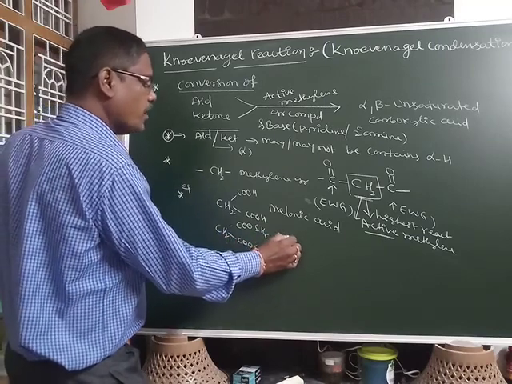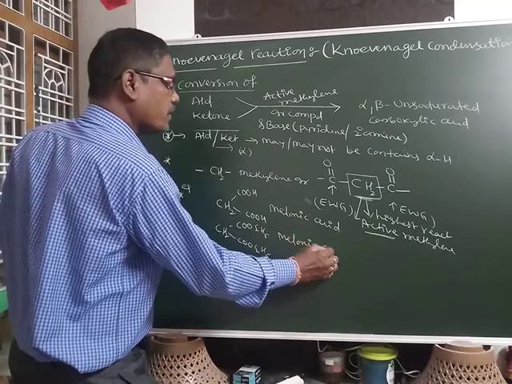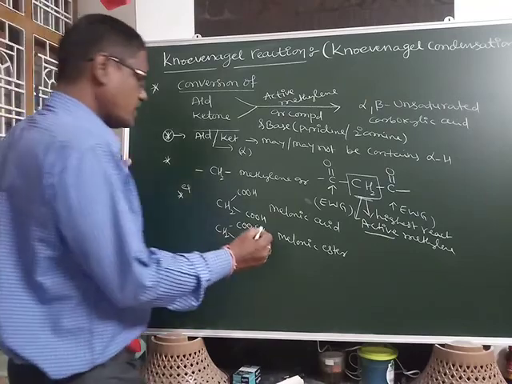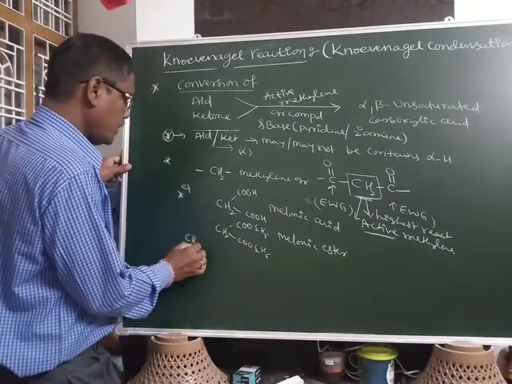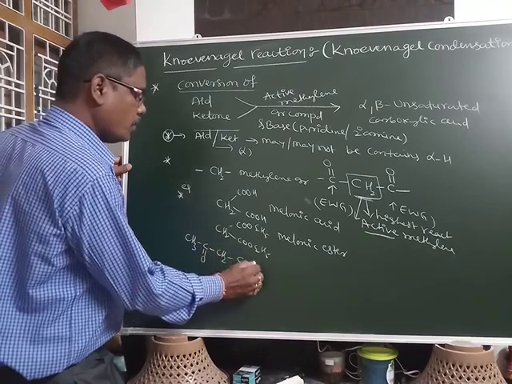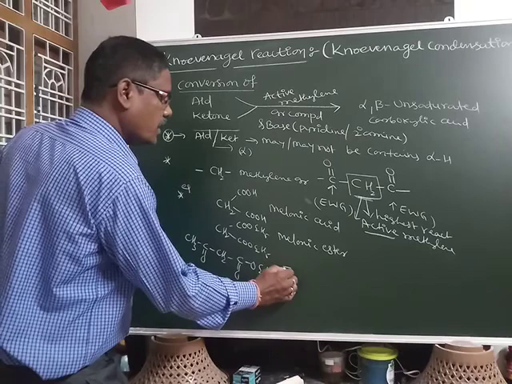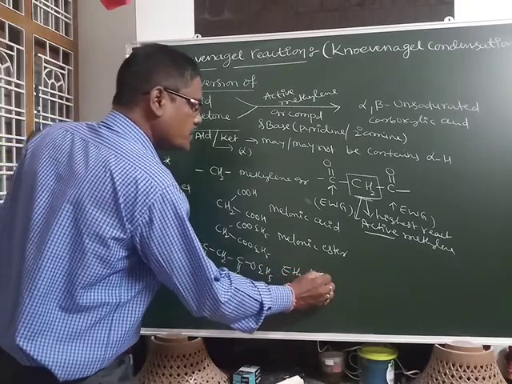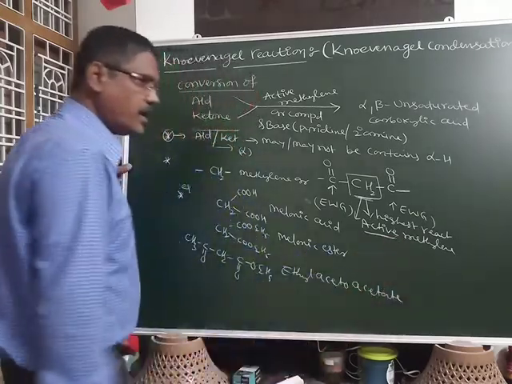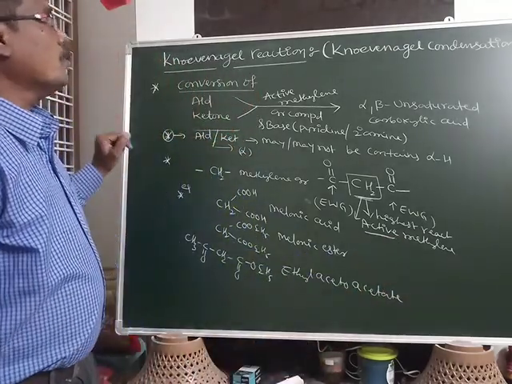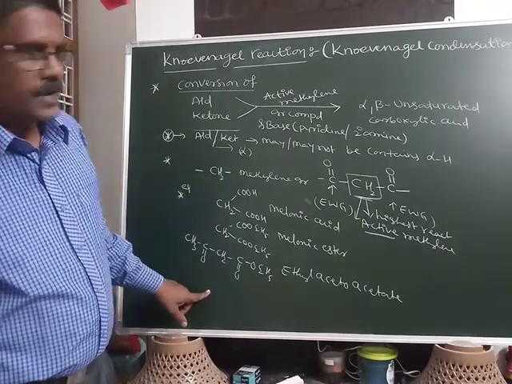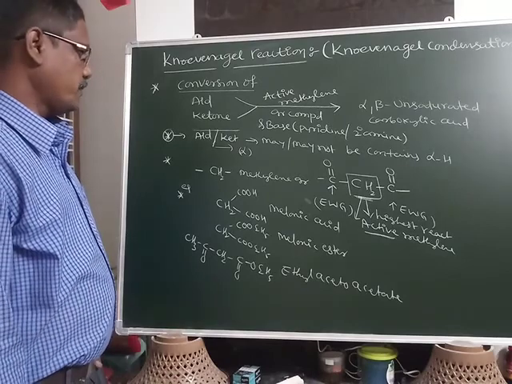This is called as malonic ester. One more example, CH3COCH2COOC2H5, ethyl acetoacetate. Now these three are the examples for the active methylene group component.